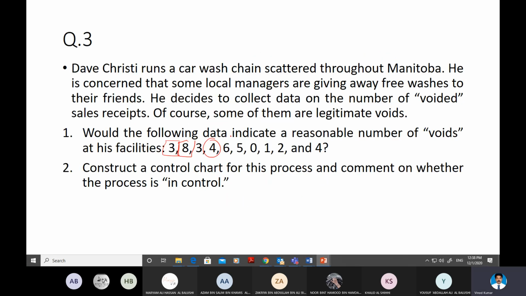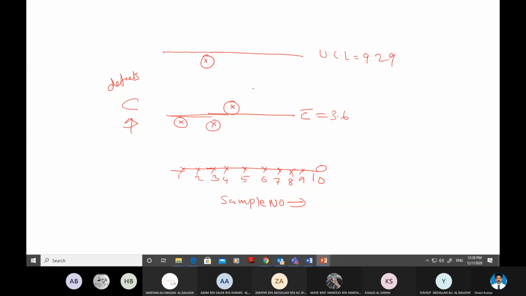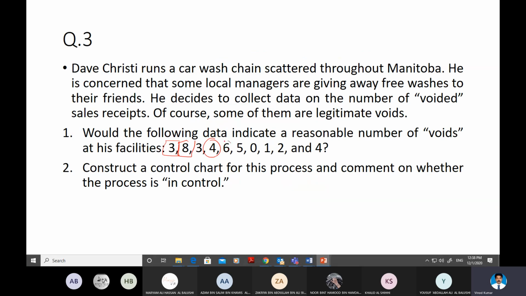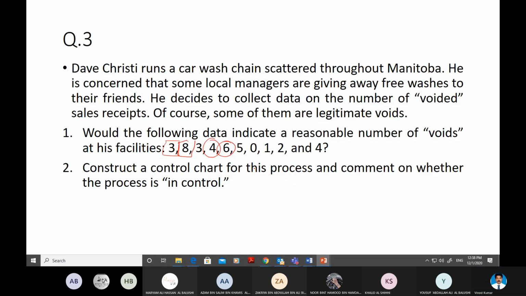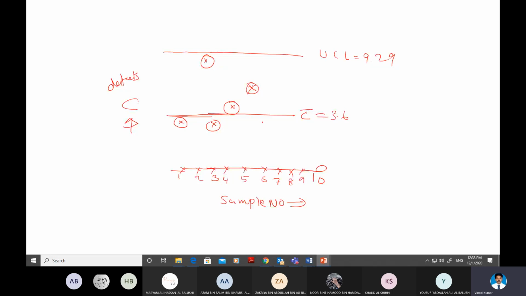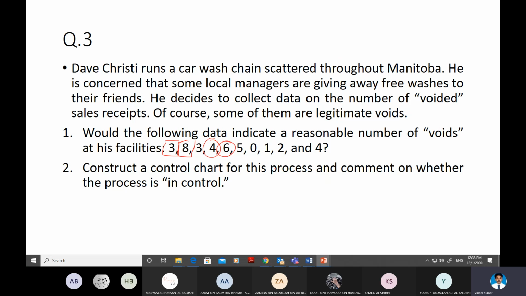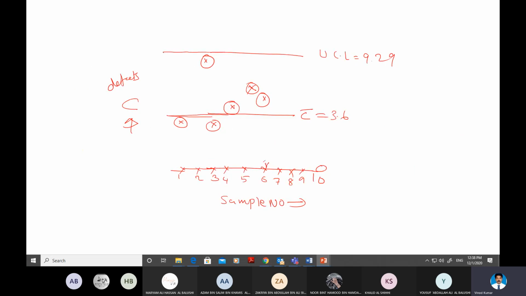The fifth sample is 6. 6 somewhere here. Then 5, 0, 1, 2, 4. So you can plot like that. One of them is 0. 0 is the sixth one. It comes here.